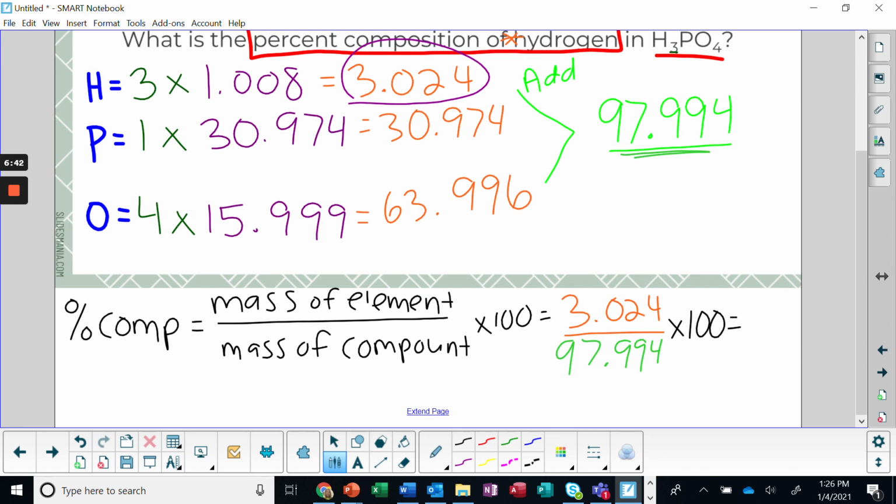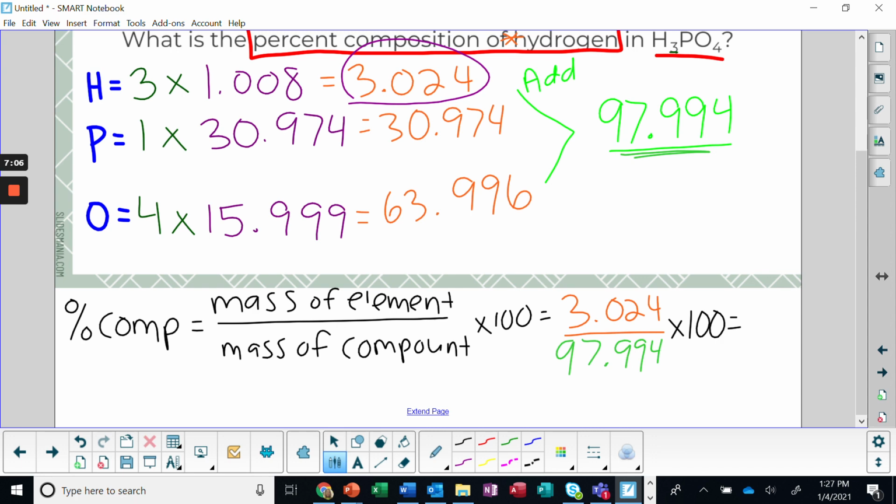So plug it all into our calculator, and we're going to get... and we're going to round to the correct number of significant figures, right?